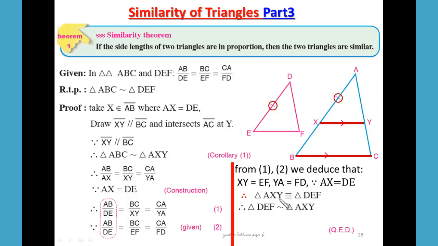Since the two triangles are congruent, then the two triangles are similar. Then triangle DEF is similar to triangle AXY.